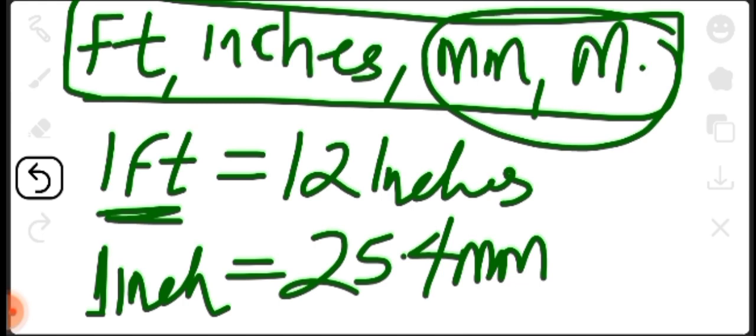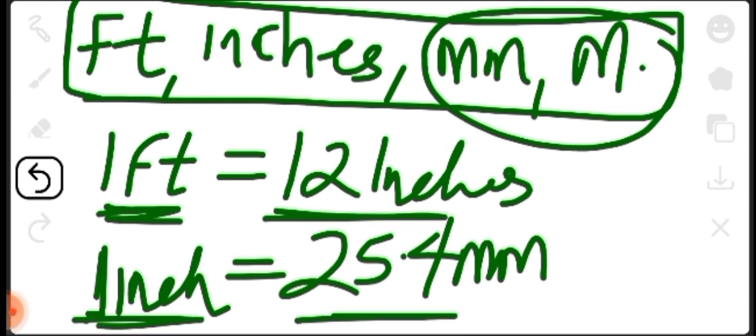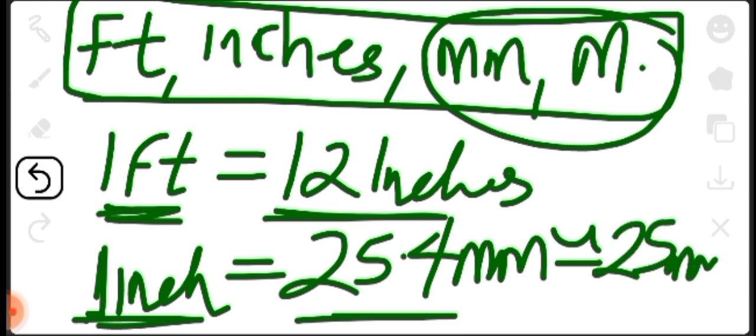So take note of this conversion rate. 1 foot gave us 12 inches, and 1 inch gives us 25.4, which is approximately 25 millimeters. So we're going to be taking 1 inch to be 25 millimeters.